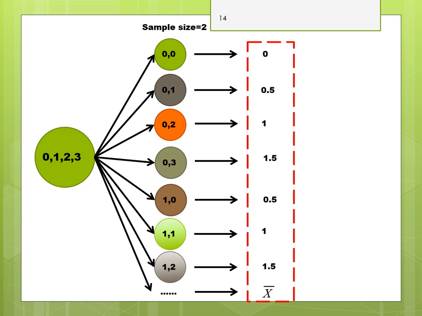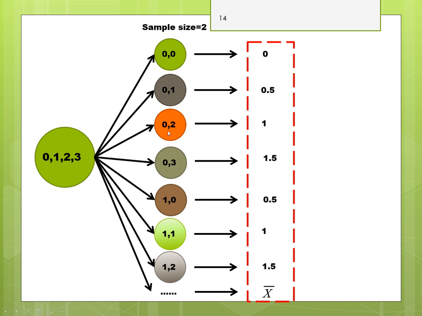Okay, so here let's think about it. How many combinations can we get? Or I can say, how many samples can we get? The first time we choose 2 numbers, maybe we can get 0 and 0, right? And next time we can get 0 and 1.